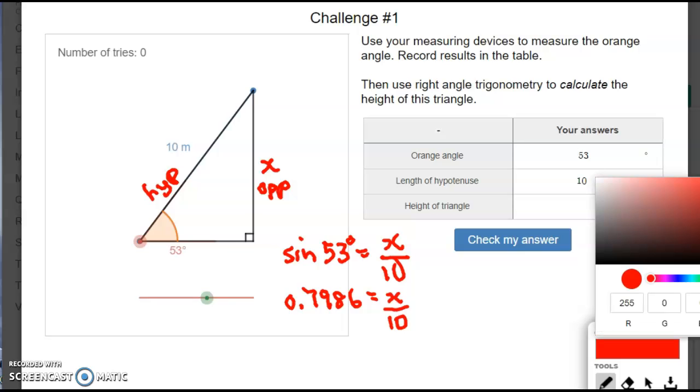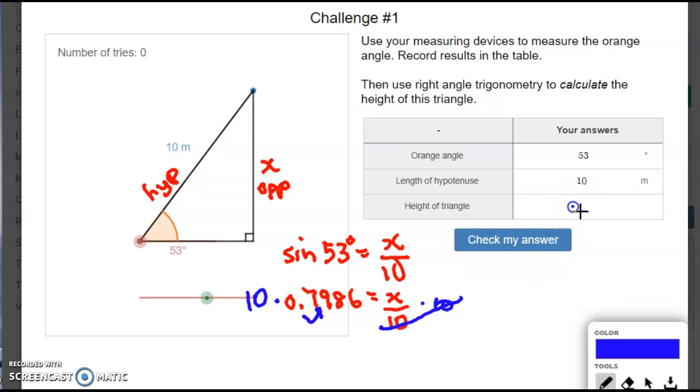So I am going to multiply both sides by 10, so that this goes away to 1, and x equals 10 times 0.7986. That just means you need to move the decimal place 1 to the right. So you get 7.986.